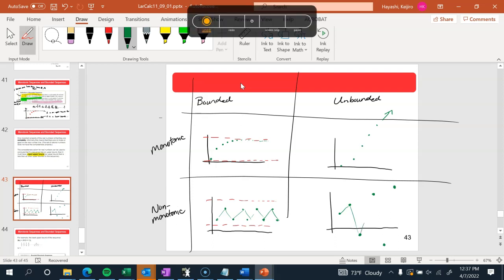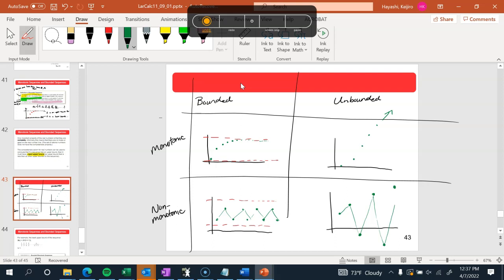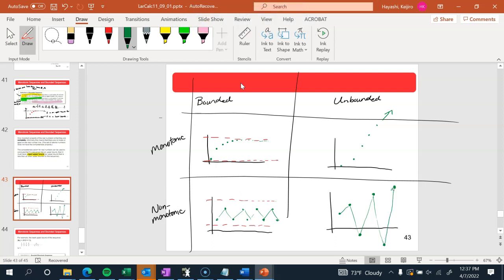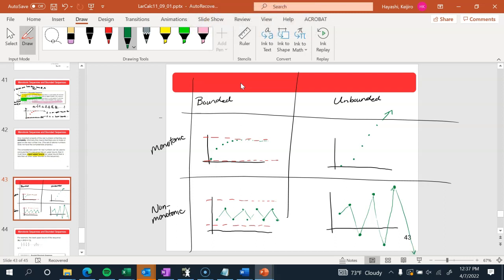In truth, these sequences don't have lines going in between the points, but just to visually link each term to the next. So that would be unbounded because it just keeps growing, but it grows in both directions in a non-monotonic fashion. So all sorts of combinations of these properties can exist.